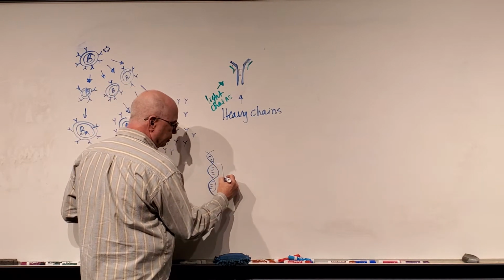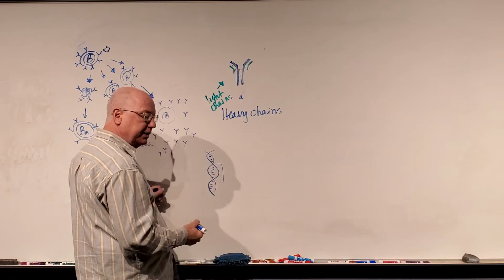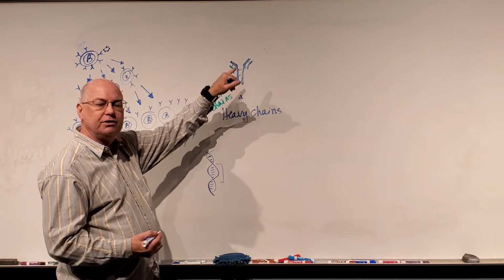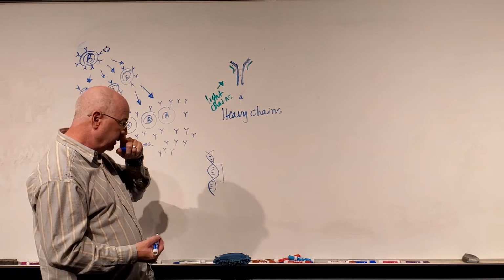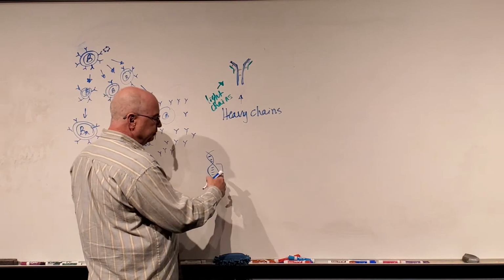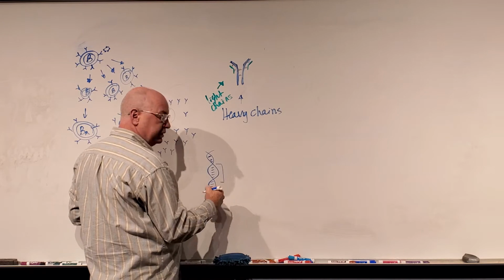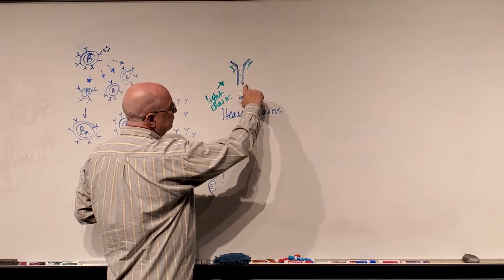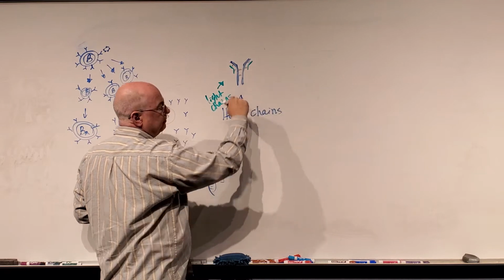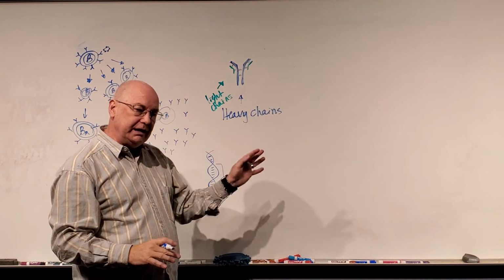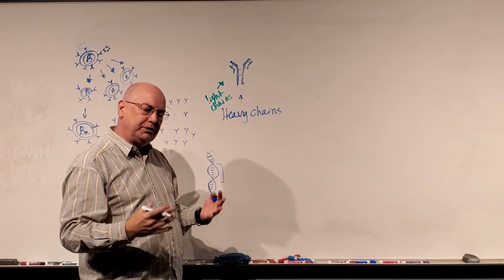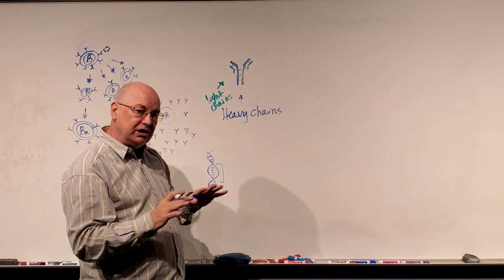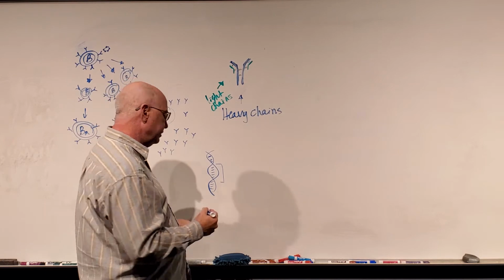So let's say this whole series of bases on this chain is the instructions for which amino acid goes first, goes second, goes third to make our protein. Well, the gene for these proteins is mostly what we call constant, in the sense that if I look at the amino acid sequence for this part, between almost any antibody in one person's body, that part of the amino acid sequence is unchanged, or it's constant.